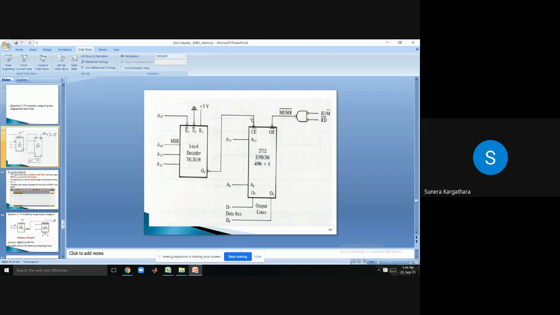Here we are using a 3 to 8 decoder, so that will select our chip. Remaining lines we will use for the address. Data lines are directly connected. Only memory read bar will be connected because it is ROM, erasable programmable read-only memory. So we cannot write anything directly onto EEPROM. This way you must understand the interfacing.